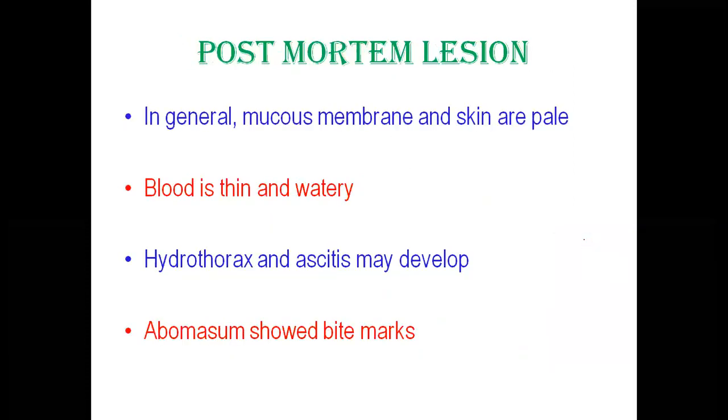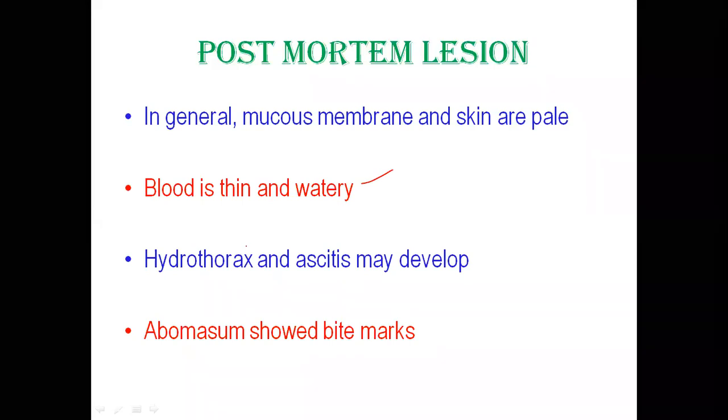So if you see the post-mortem, the mucous membrane and skin will be pale, and the mucous membrane, as I told you, will be bleached, it will be white, and it will not be pinkish anymore, and the blood will be thin and watery, and due to the hypoproteinemic conditions, the fluid leaks out in the intercellular space.